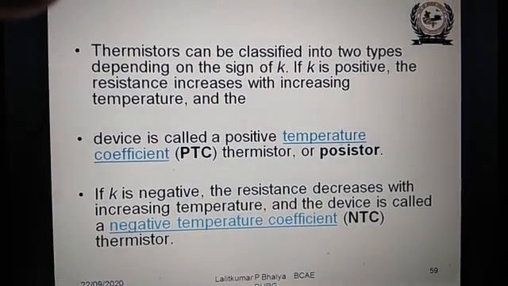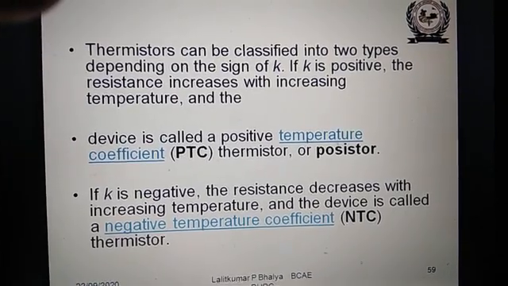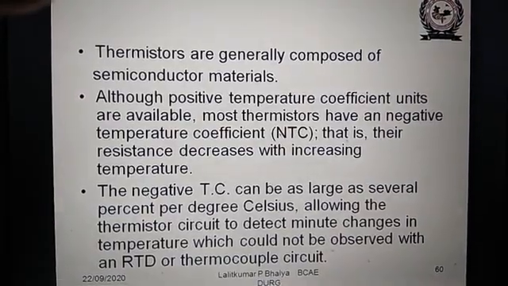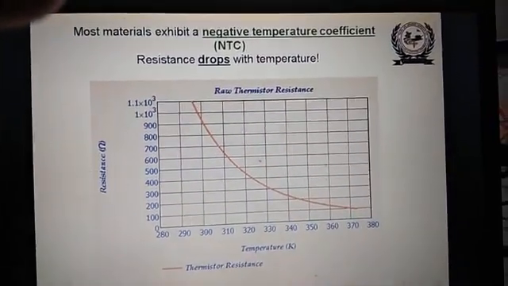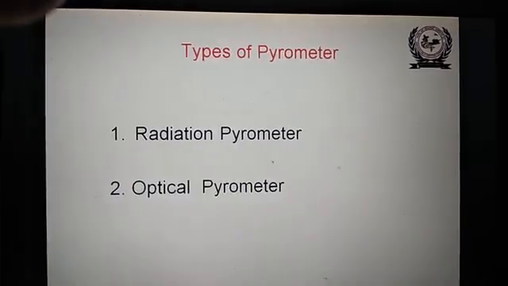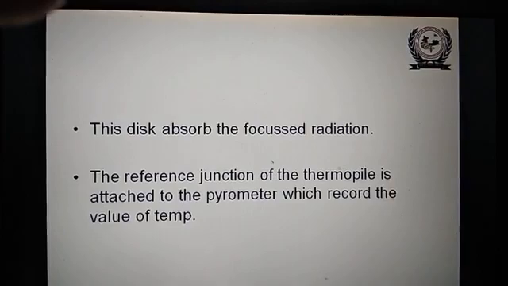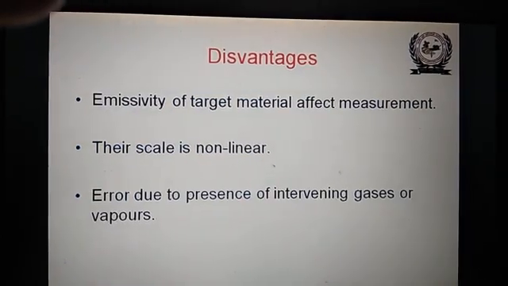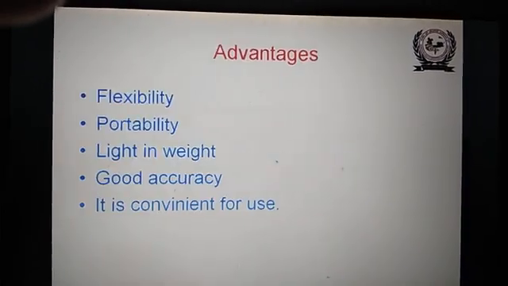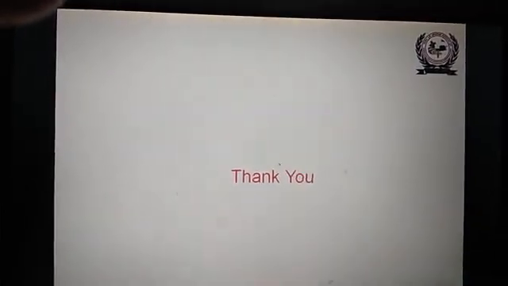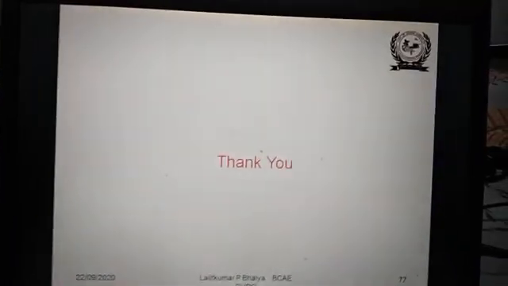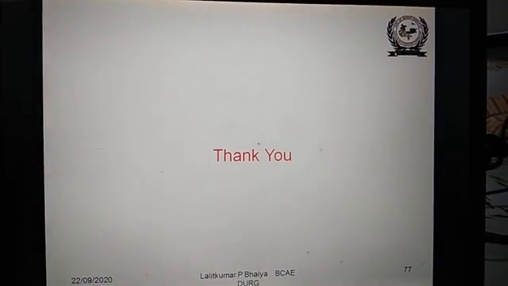One is the PTC, the positive temperature coefficient, and another is the negative temperature coefficient of thermistors, that we will see. We will see advantages and disadvantages. Then pyrometers, types of pyrometer, how they are used, advantages and disadvantages, optical pyrometer, etc. That we will see. So the next video will be the last video on temperature measurement.